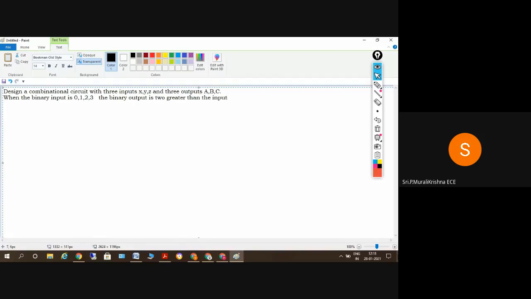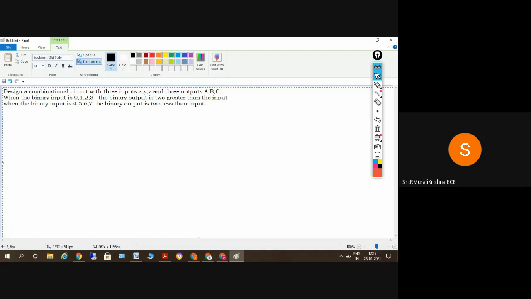When the binary input is 4, 5, 6, 7, the binary output is 2 less than the input.